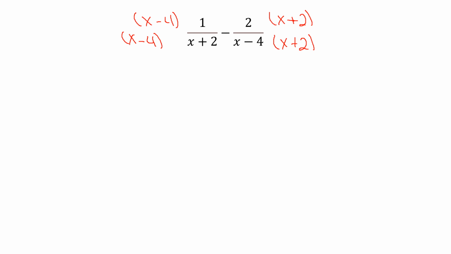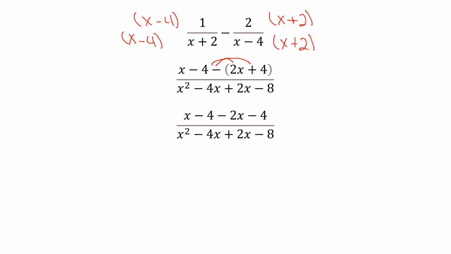So once you distribute all of that out, you should end up right here with x, or 1x, you can write the 1 if you need to, minus 4 minus 2x plus 4. And then remember, we have to distribute that negative out to both of those pieces after the minus sign. So minus, minus. That'll give you minus 2x minus 4.